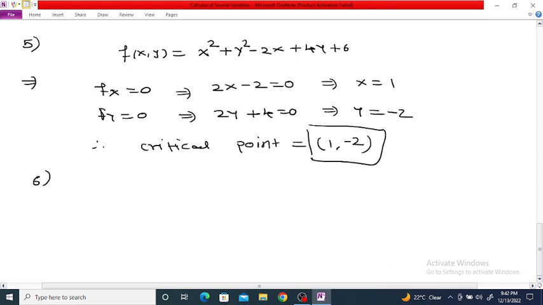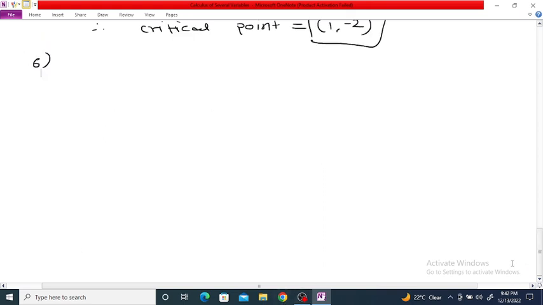Next example, example number 6. Find the critical points of the function f(x, y) equal to sin x plus sin y plus sin of (x plus y). Determine the critical points.